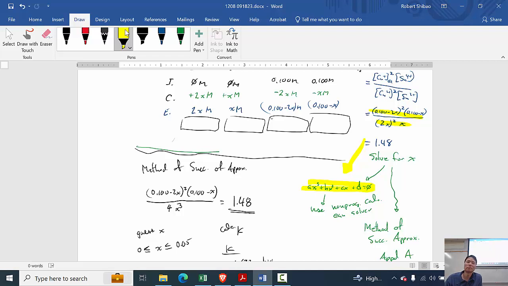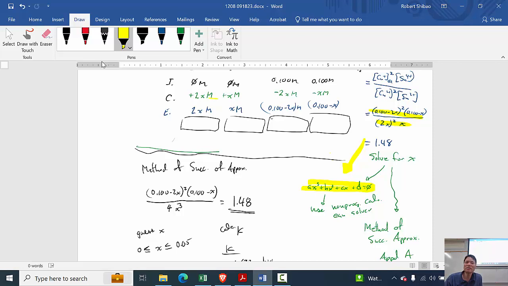Can you show me how you got the range again? Well, these concentrations have to be positive. So x can be any positive number here. We can't have x as a negative number. But over here, I have 0.1 minus 2x, and so I can't let this go negative. If x were 0, it'd stay positive.